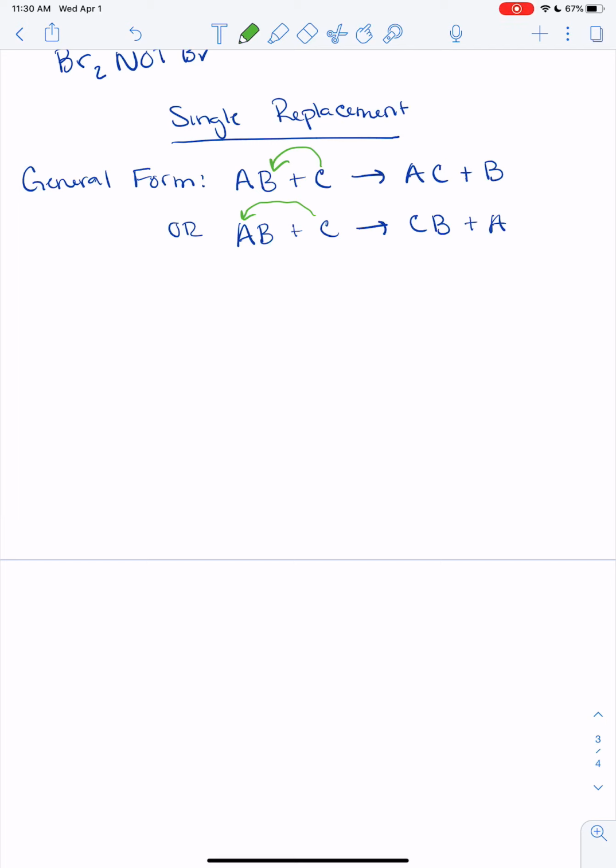So in a single replacement reaction, you have one compound of at least two things and one atom by itself, and it sort of switches places. And in this case, we always have that metals replace other metals, and nonmetals replace nonmetals.